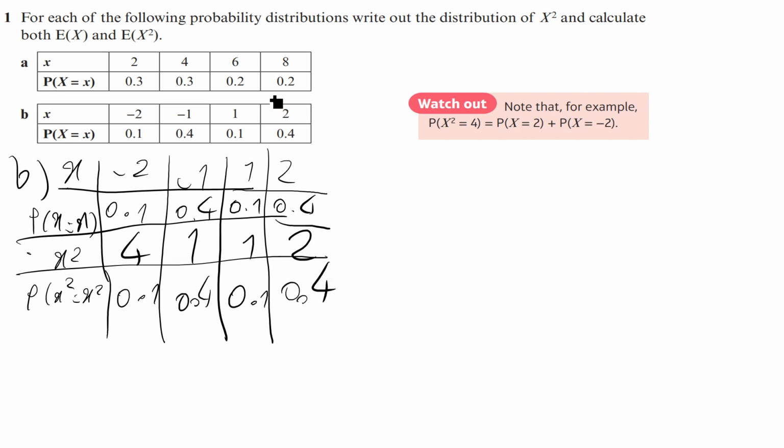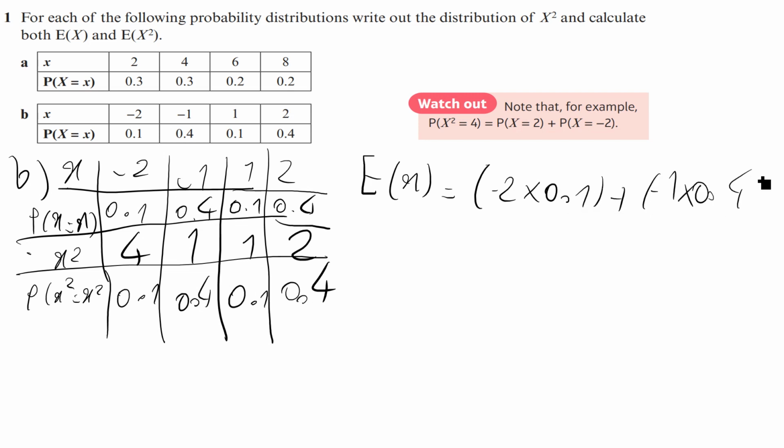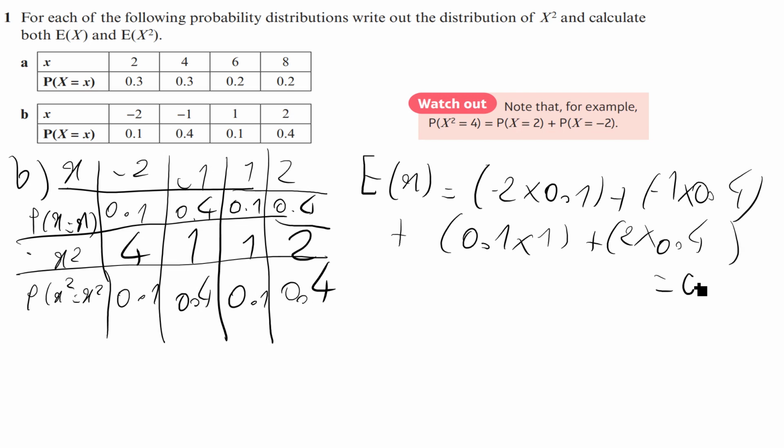Okay, now the only thing we need to do is exactly the same thing in order to find the value of E of x and E of x squared. So here, minus 2 times 0.1 plus minus 1 times 0.4, plus 0.1 times 1, plus 2 times 0.4, which is equal to 0.3.